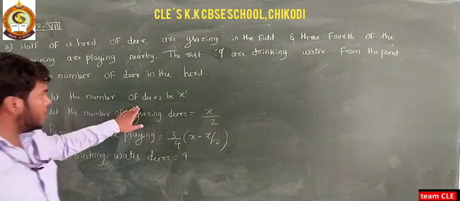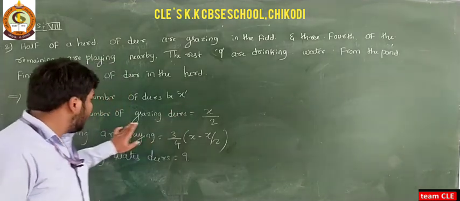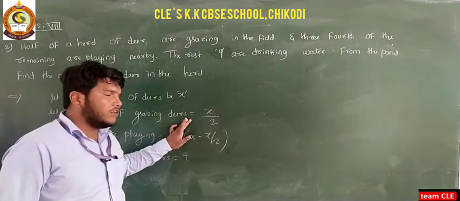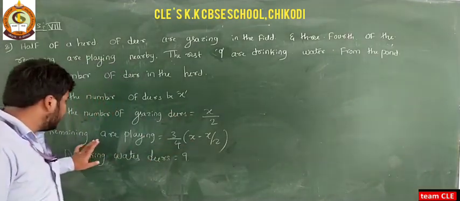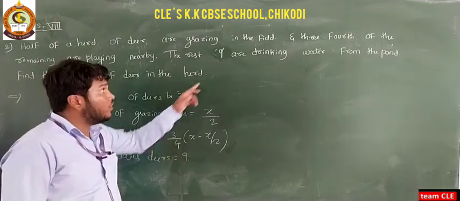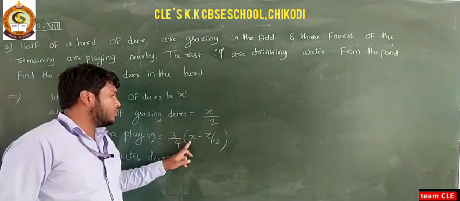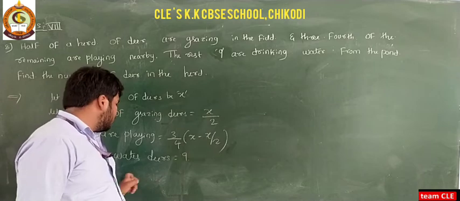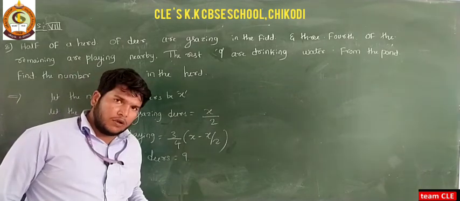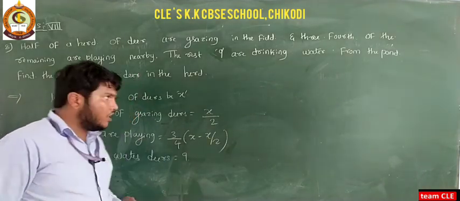First, let the number of deer be x. Next, the number of grazing deer is x by 2. Next, the remaining are playing, that is 3/4 of x minus x by 2, and the deer drinking water are totally 9.